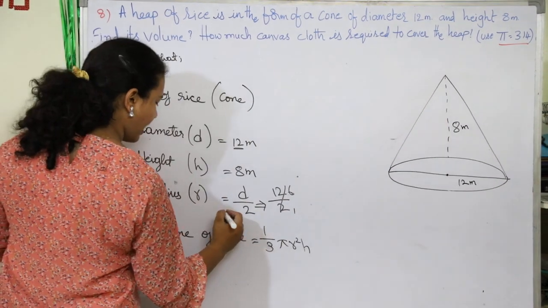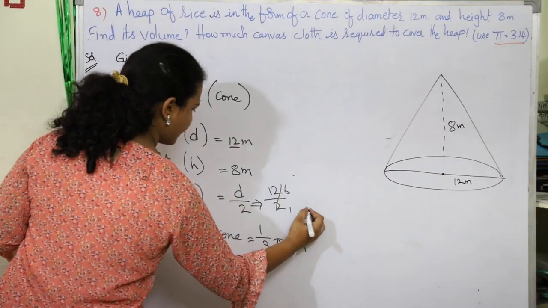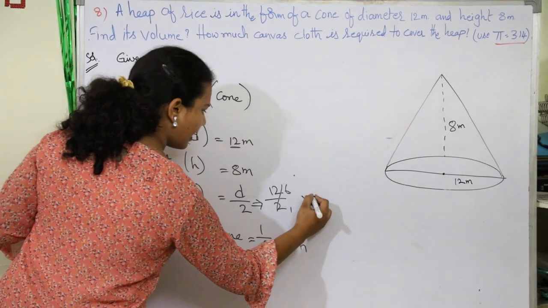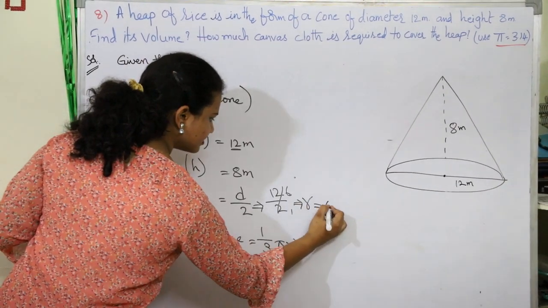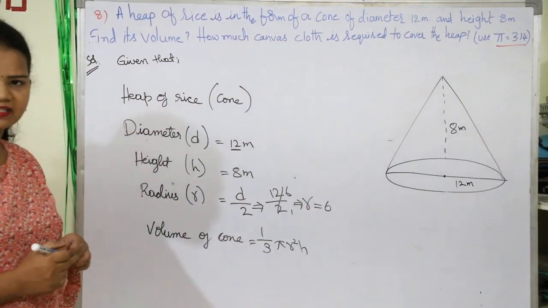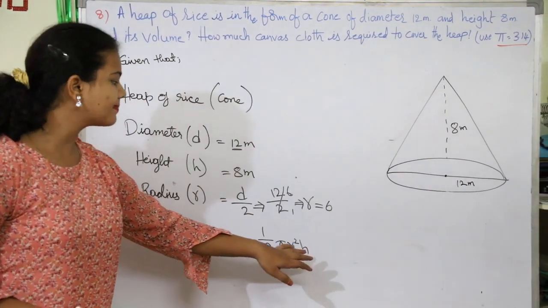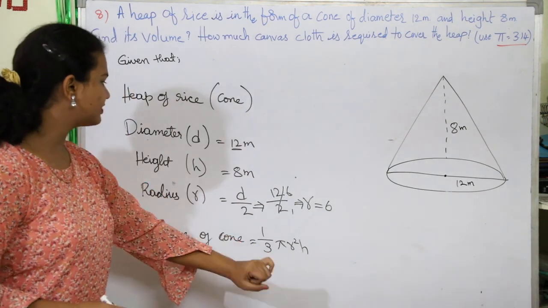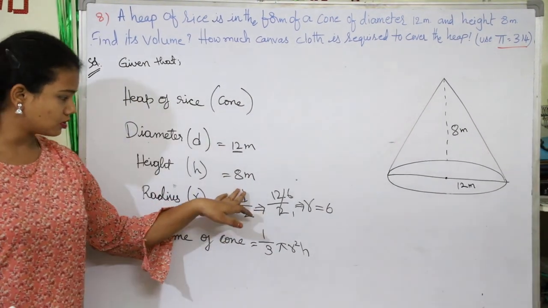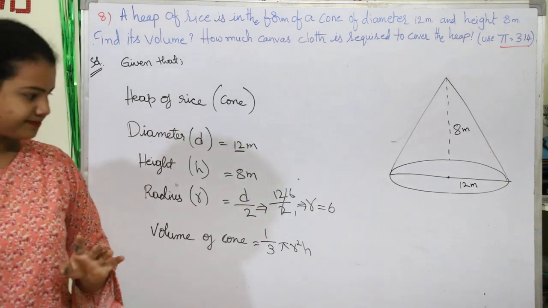So r equals 6. R means radius, right? So radius equals 6. I can say r square means 6 square into h, where h equals height, right? So height is 8 meters.